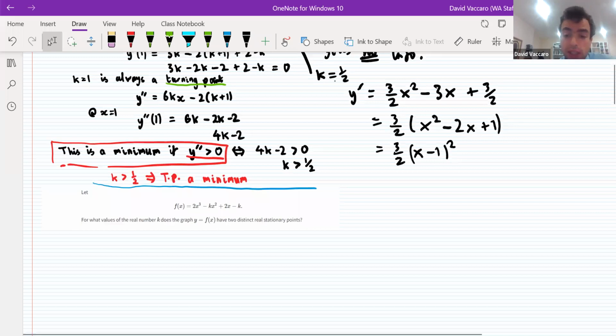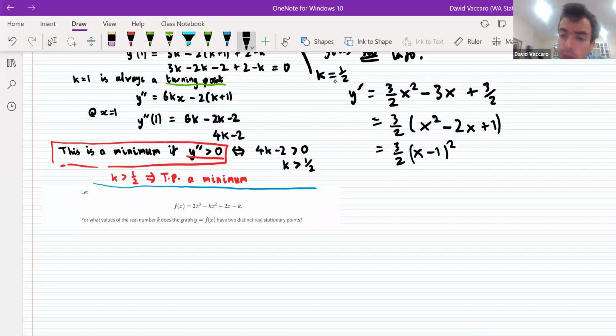Now, I can't use the second derivative test, but how can I use this expression for the derivative to find the nature of the turning point at k equals a half? Yes, look at numbers either side. Or alternatively, look at the sign of the first derivative. The critical point is x equals 1.